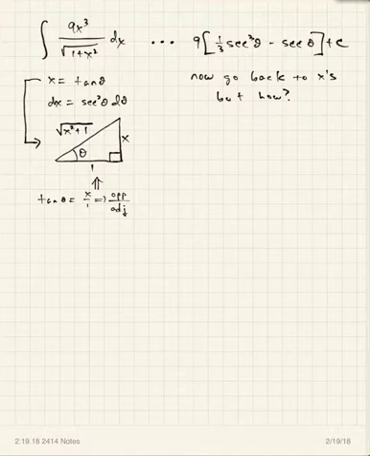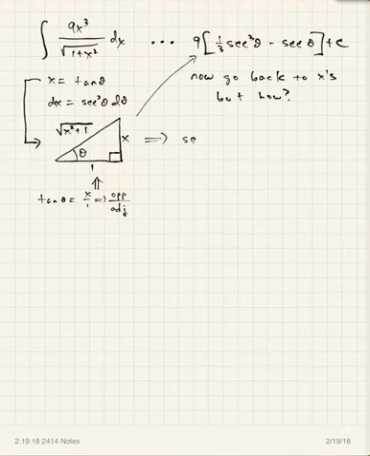See, because look, what are we going to do here? We have secants in our expression, right? And so from this picture, what can we see? That secant theta, now remember, secant theta is the reciprocal of the cosine, and the cosine is adjacent over hypotenuse. So secant would be hypotenuse over adjacent.